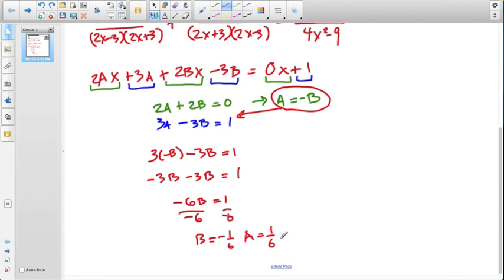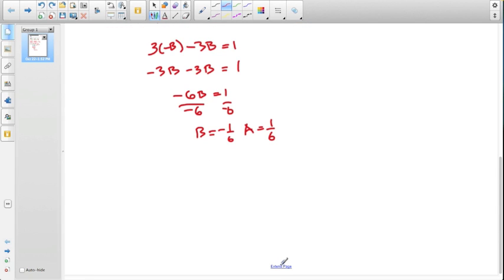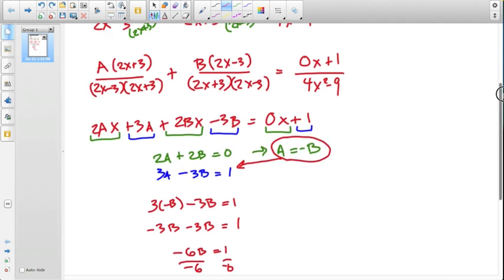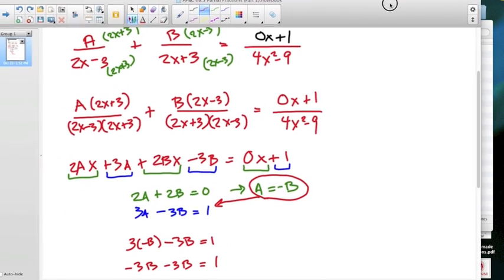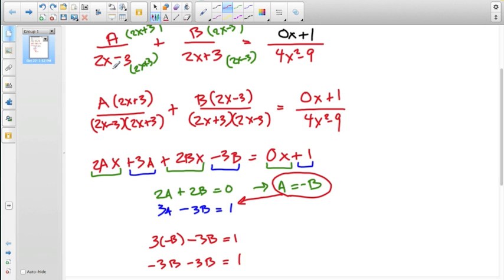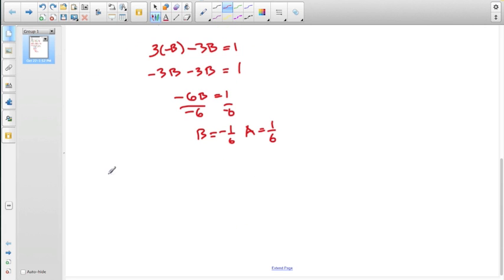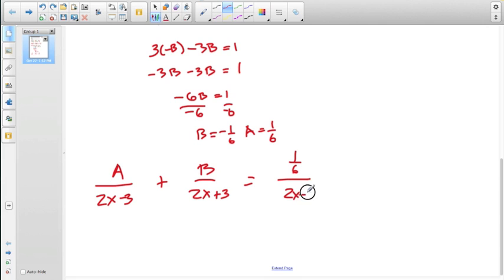So that being the case then, if we recall that a is over 2x minus 3, and b is over 2x plus 3, then putting in these constants, we have 1/6 over 2x minus 3, and we have negative 1/6 over 2x plus 3.